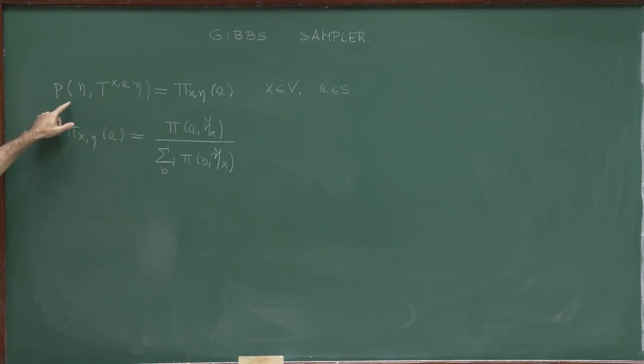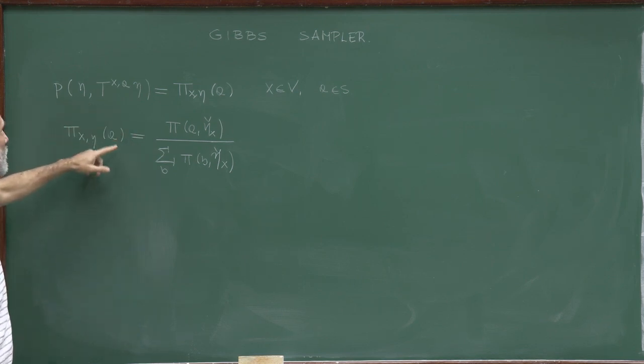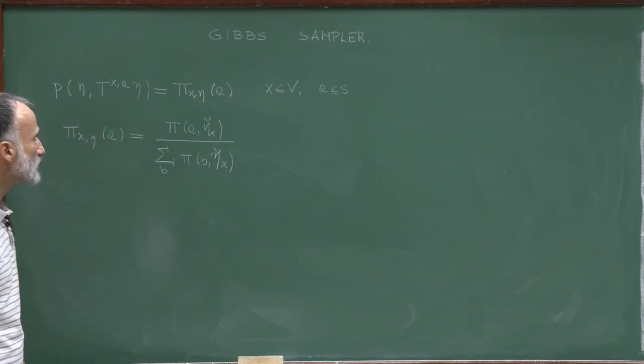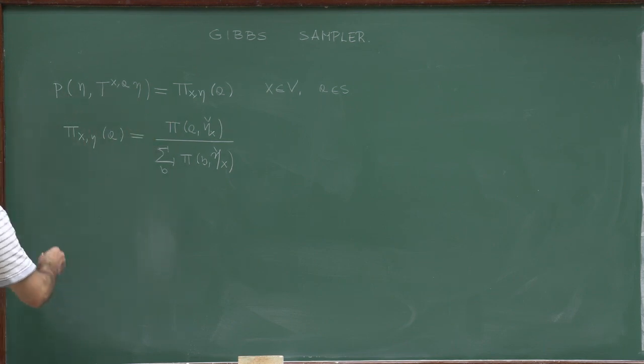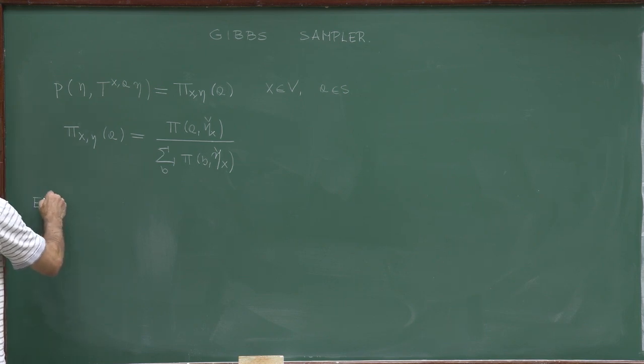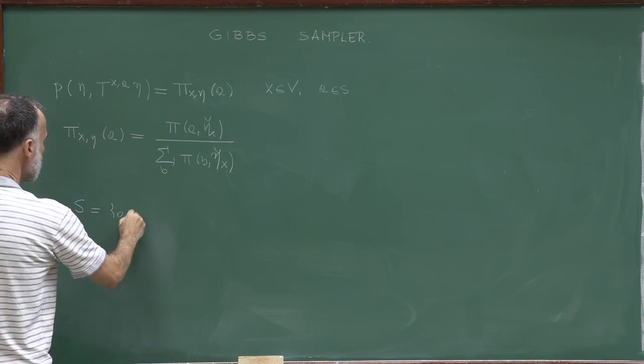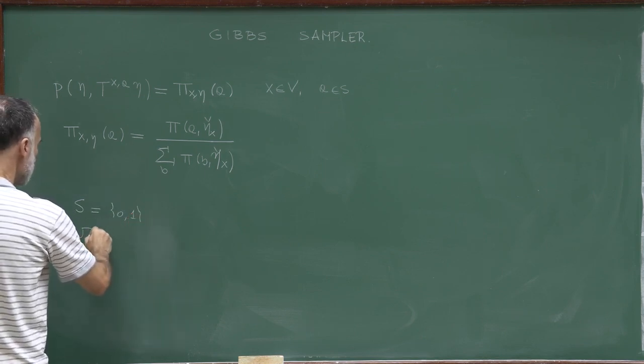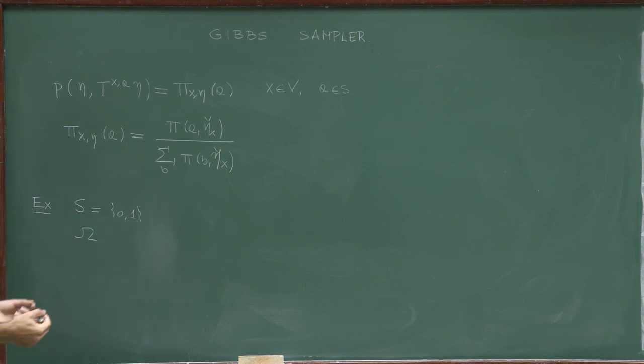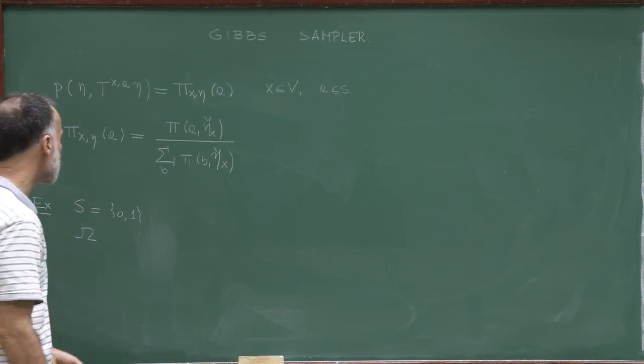So here's the formula for the Gibbs Sampler, where pi is given by this expression. And so now let's take in our example, S would be 0, 1, and omega, the space of configurations in which two sites are not occupied at the same time by a particle.